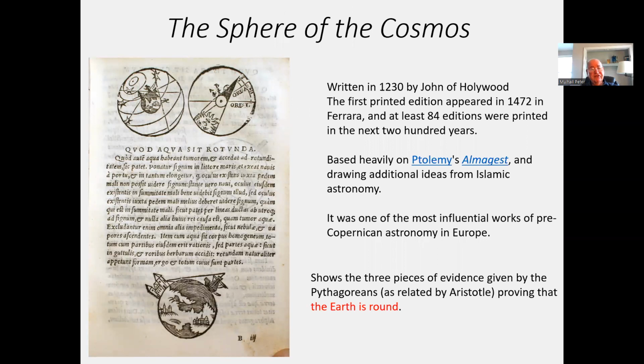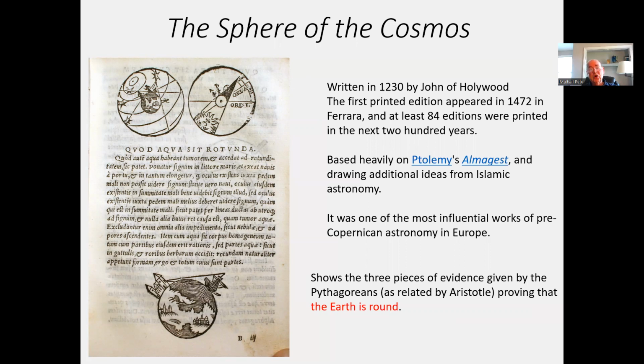Here's a very famous work by a man named John Hollywood, written first in 1230. It was one of the first books published, in 1472, as Gutenberg's printing press was in the 1460s. This thing went through 84 editions of printing, and it was used right up to the time of Newton.